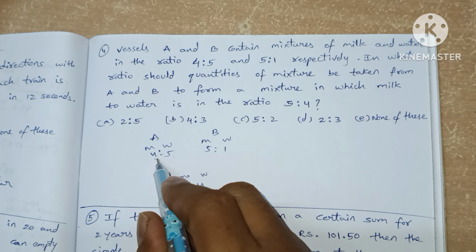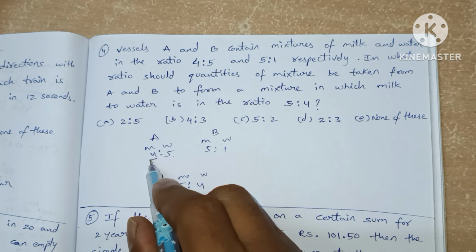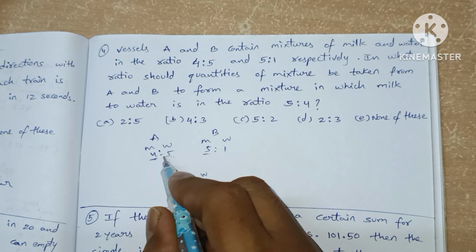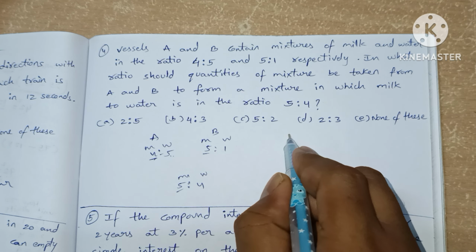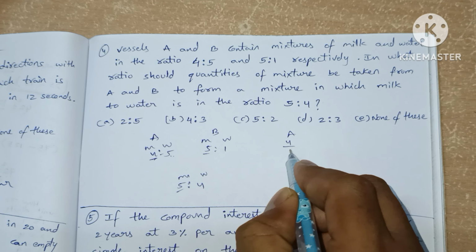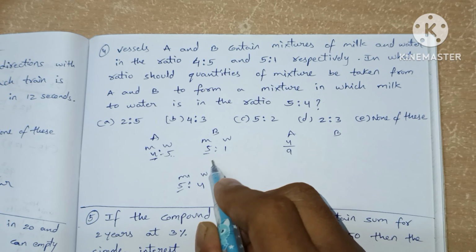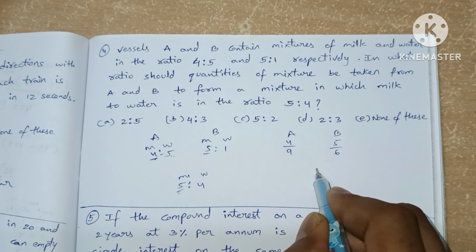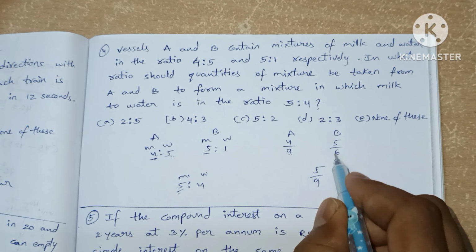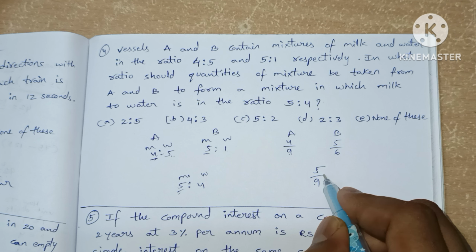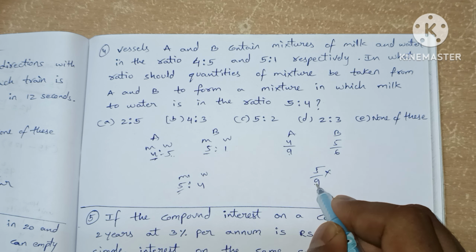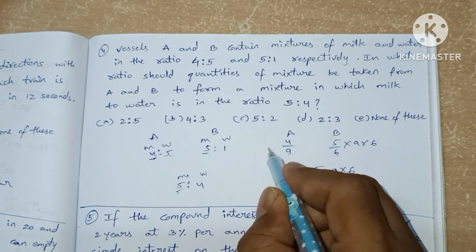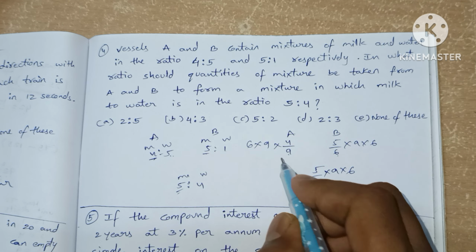Let's take any one part, I'll take milk. Here it is 4 divided by total 9. A's value is 4 by 9. B's value is 5 by 6. The target is 5 by 9. To make the denominators simple numbers, we'll multiply with 9 and 6.